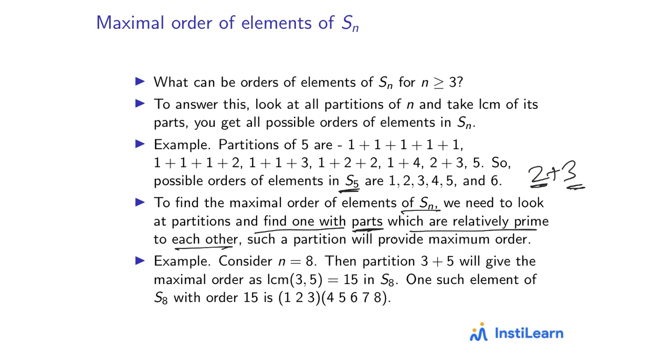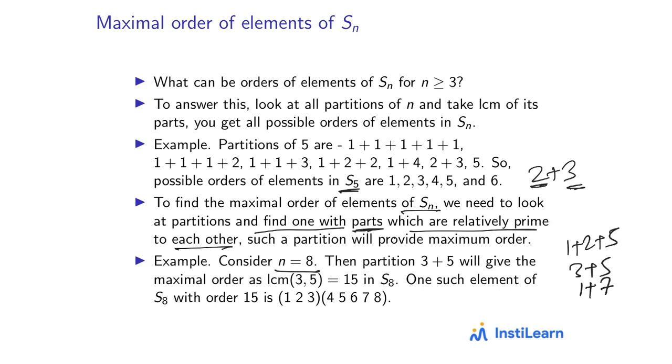Okay, so let's take another example and try to see how this works. So n equal to 8 has many partitions, but I'll look at partitions in which the parts are relatively prime. One such partition is of course 1 plus 7, then 3 plus 5, and 1 plus 2 plus 5.